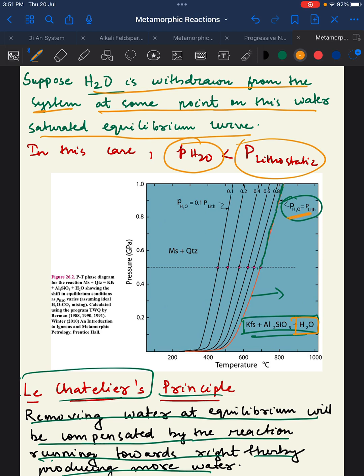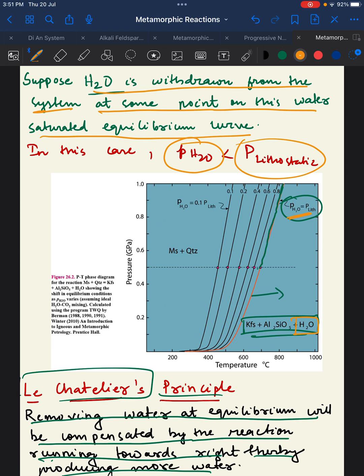Now the water is getting removed, so the partial pressure of water is decreasing. Since the partial pressure of water is now less than the lithostatic pressure, the system will try to produce more water so that it can again reach the equilibrium state. Everything in this system wants to be in equilibrium.